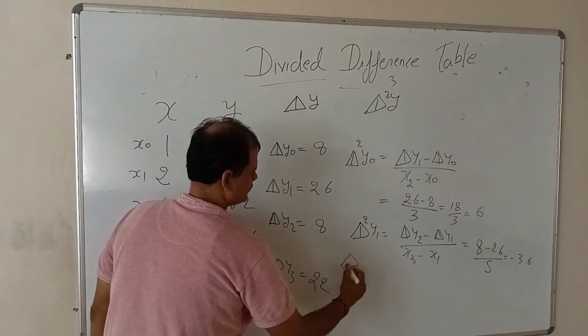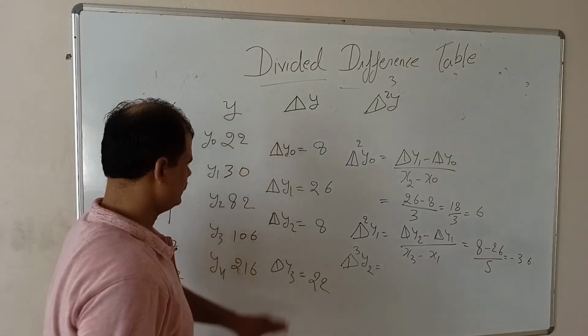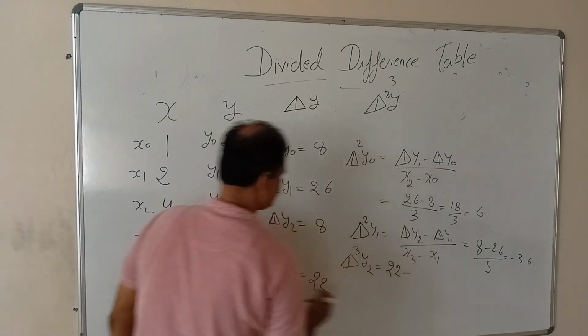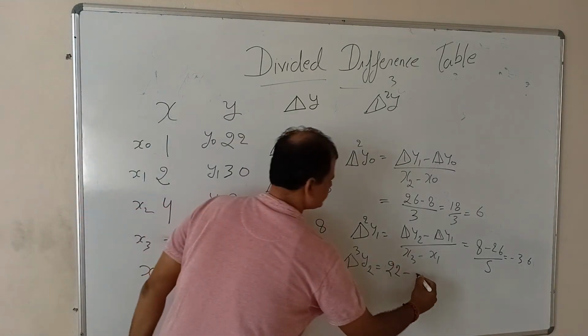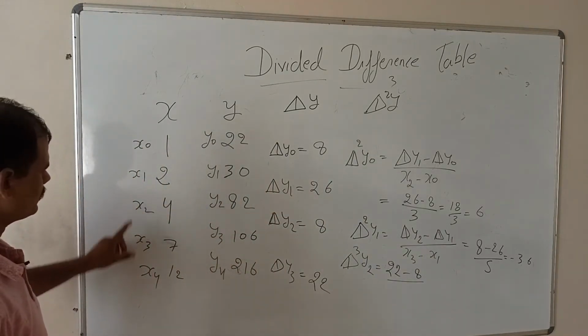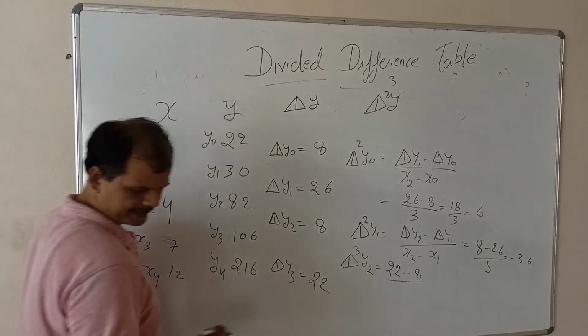And delta square y2 equals del y3 22 minus del y2 8 divided by x4 minus x2, 12 minus 4, equal to 8.